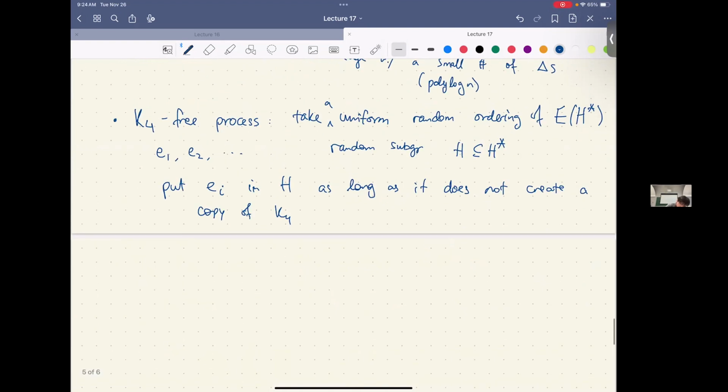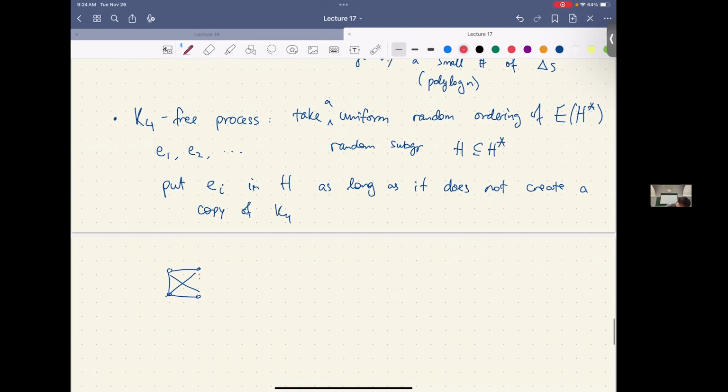What this means is that this is the bad case: all the other 5 edges of a copy of K4 come before E in the order. Then when it comes to picking E, all the previous ones have been chosen already.